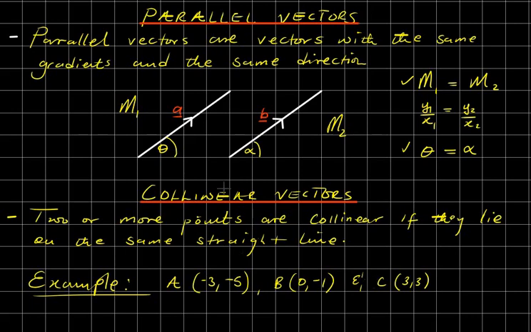There are many ways that we can test that. We can use the gradient formula to see if the gradient for line AB is going to be the same as the gradient for line BC. Let's try to sketch this and see what we can have here.